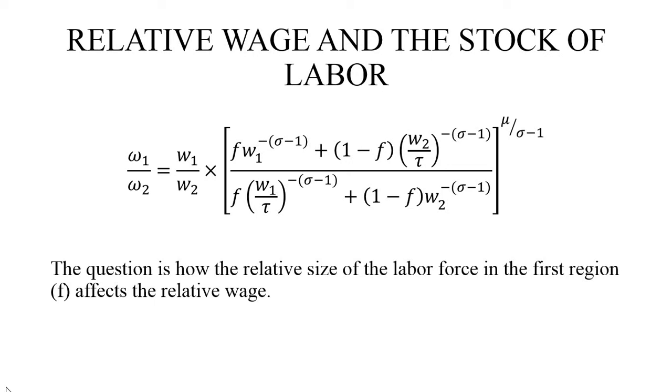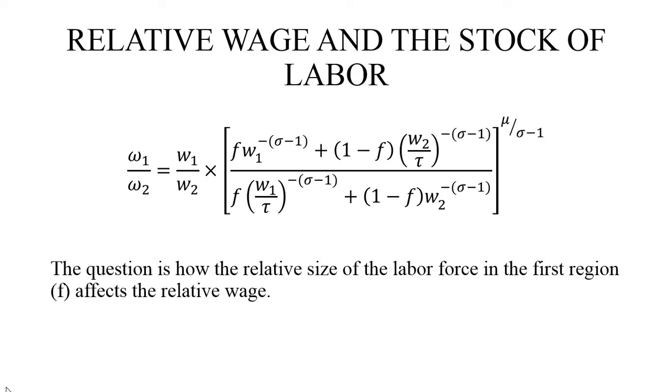And the ratio of real wages can be calculated as follows. Again, it was an additional assignment to analyze the relationship between real wages and the variable f, or vice versa, how the value of f would affect the ratio of real wages depending on the level of transportation costs.